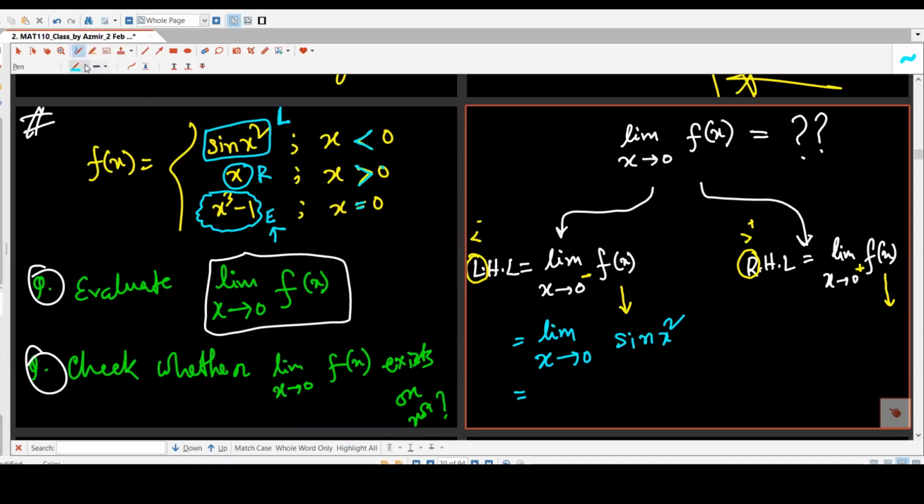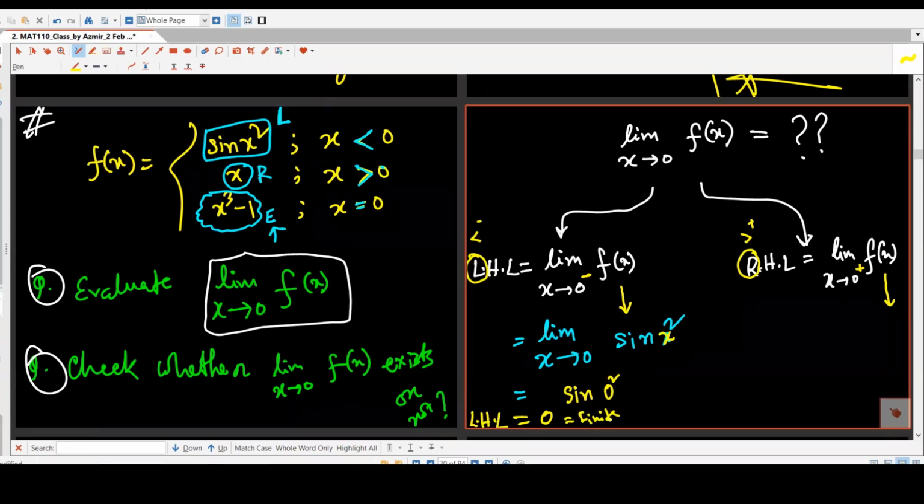It is just for the direction. So now we can input the value of x where we have x. So, sine 0 squared. You know that sine 0 squared is sine 0, and the sine 0 value is 0. So the left hand limit is 0. It is a finite value.